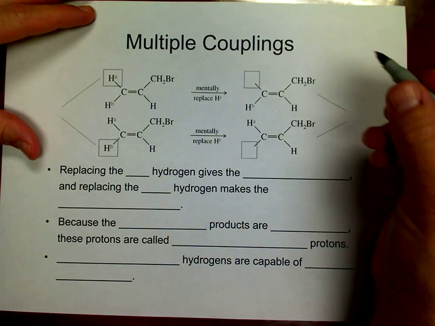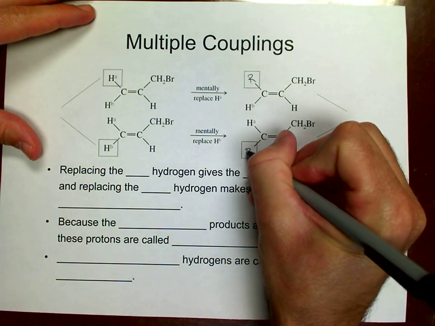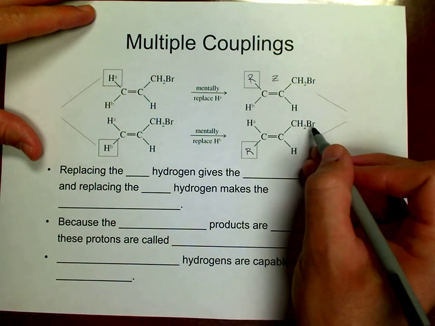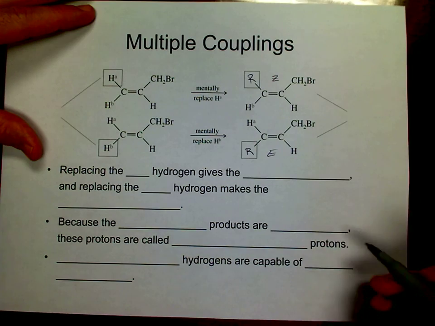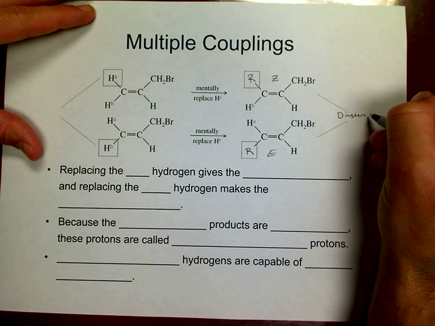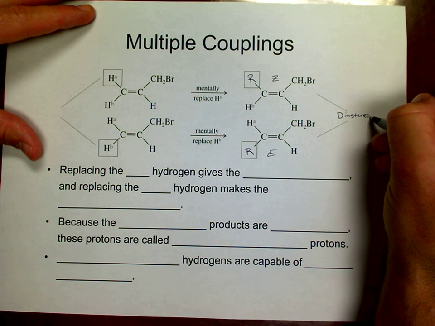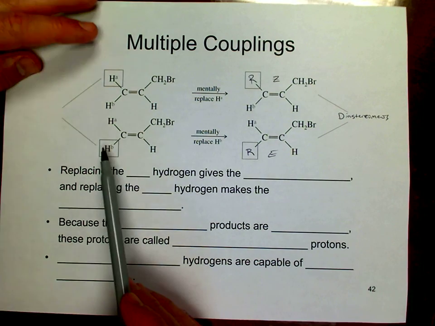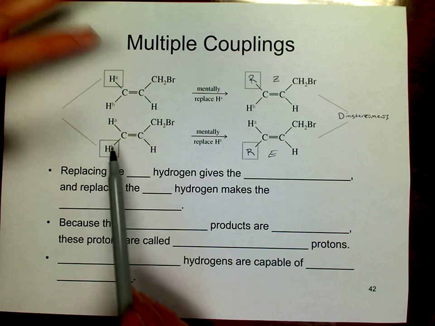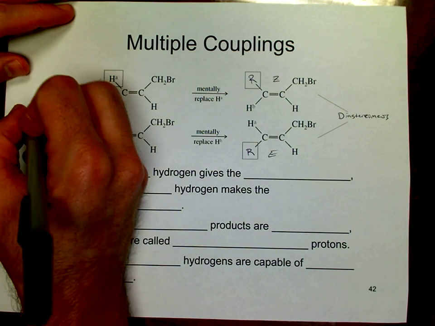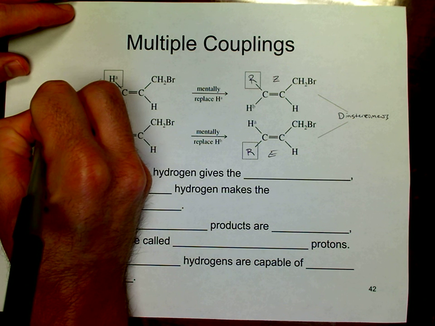And so you can just replace with like R or something, and this would be like the Z diastereomer, and this compound would be the E diastereomer. So these two compounds are diastereomers of each other. So when this is the case, the two protons that you can play this game with in your head mentally, that means that they are diastereotopic.